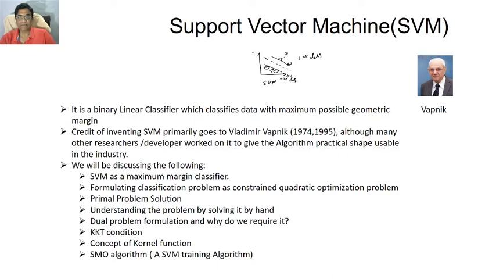Because that can be robust. So even if your negative sample is somewhere here or here, or your positive sample is somewhere here or here, still this decision boundary will classify appropriately. So that is the advantage of the maximum margin classifier.